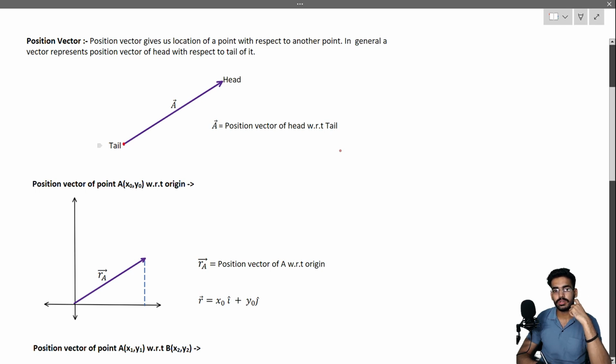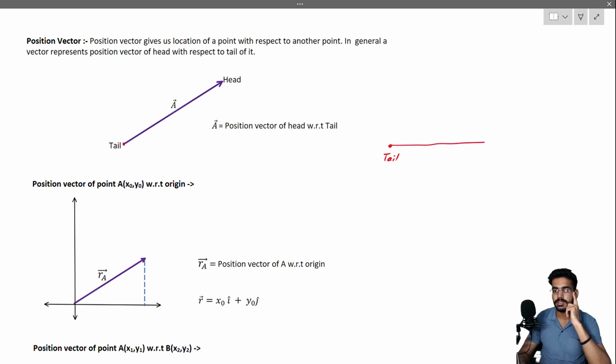If I go to the tail and ask where the head is, he will point towards a particular direction and tell me it is at this much magnitude. Like let's say here is the tail, and I ask him where the head is. Then he will say go in this direction with a magnitude of some a.